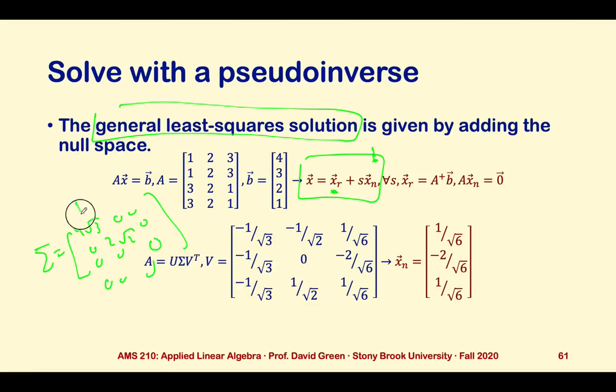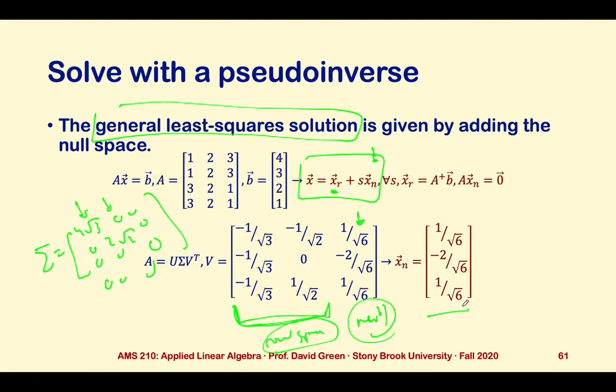We had 2 non-zero singular values and a 0 here. The first 2 columns of V describe the row space of the matrix. The last column describes the null space. This already is a basis for the null space.